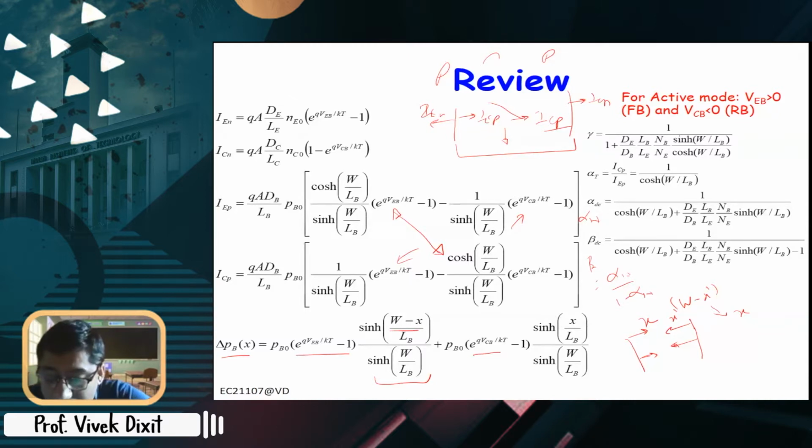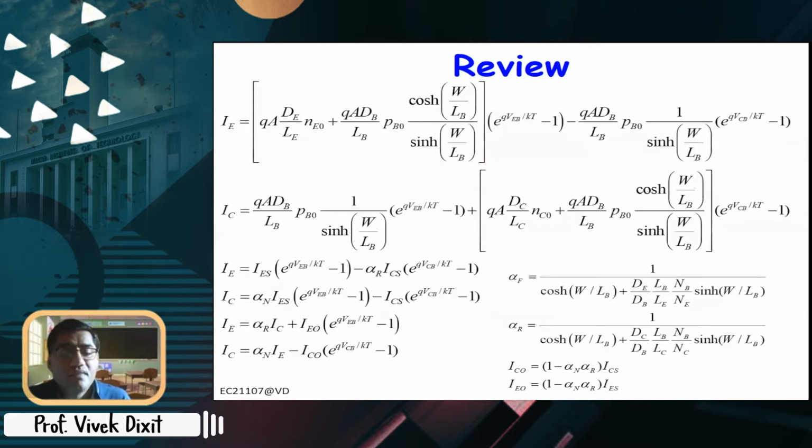Only thing that will change here, for alpha reverse, instead of emitter we will have a collector, so this will become D_C, this becomes L_C, this becomes N_C, the doping in the collector, and so on.